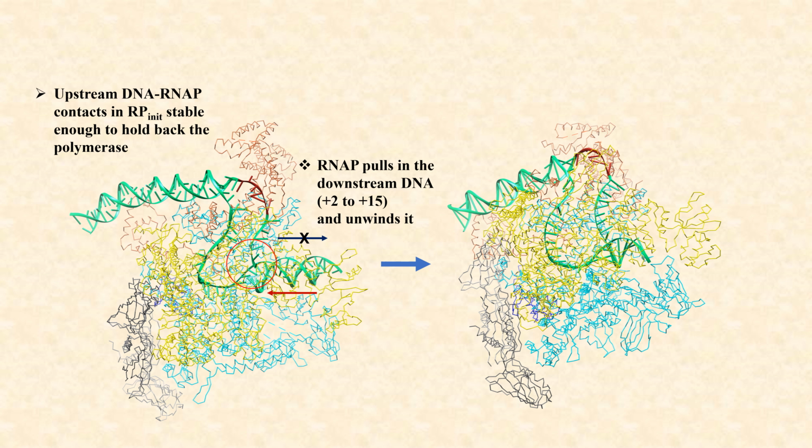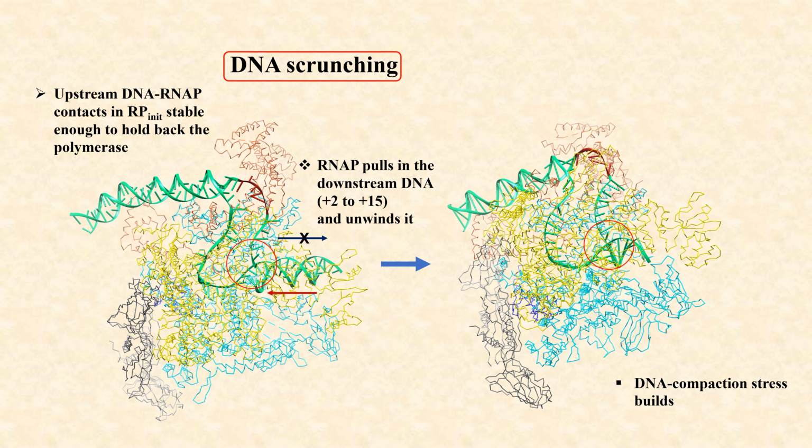This is the phenomenon called DNA scrunching. In the process, DNA compaction stress builds up in the initiation complex.